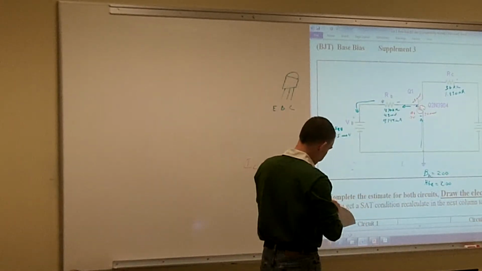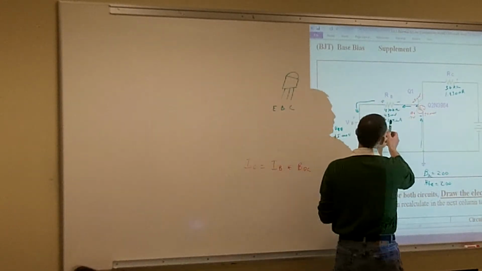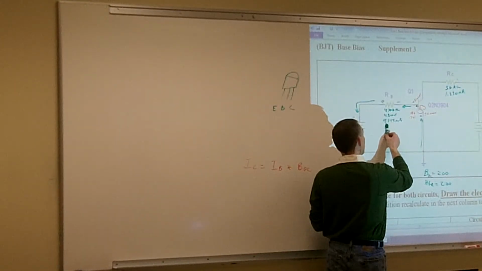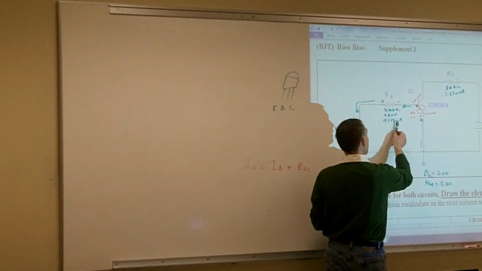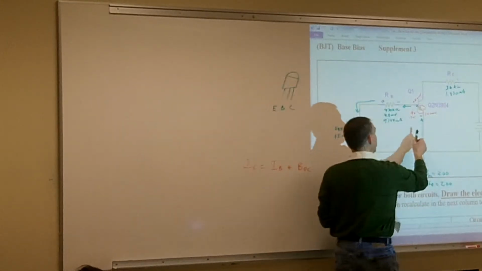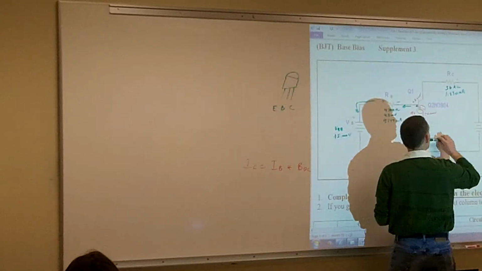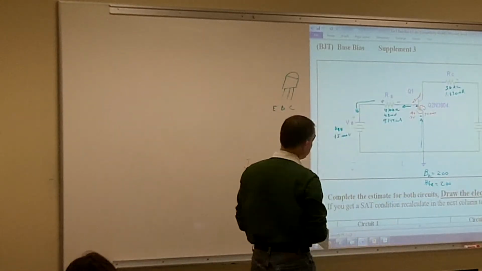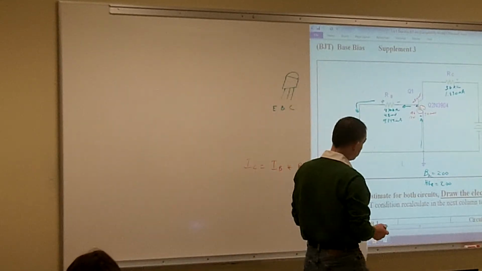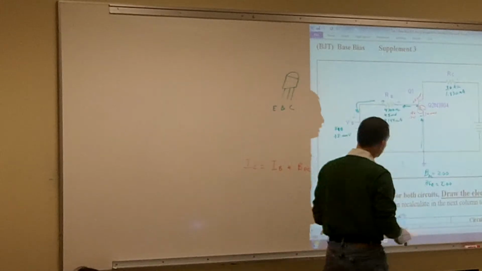We only have a very small amount of current on our base, 9.149 microamps. Once we bias that transistor, we're going to produce a large amount of current on our collector. And in this case, since we're doing the approximations, it's going to be 200 times larger.